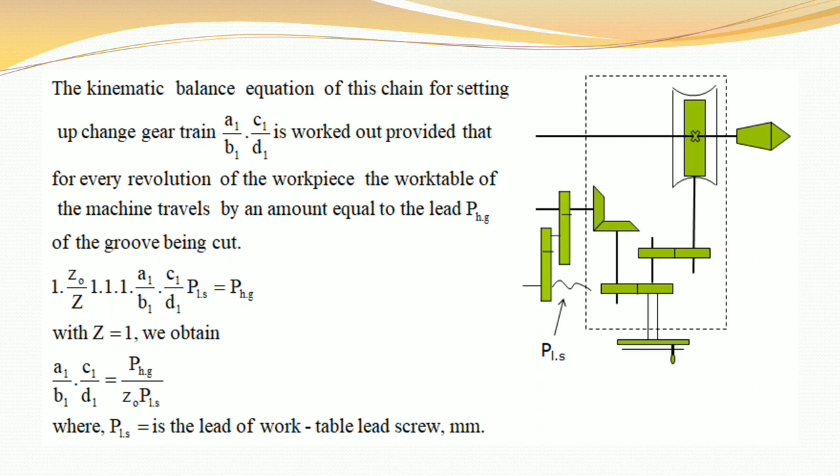So that means we can write 1 multiplied by Z0 by Z multiplied by 1 by 1 by 1 multiplied by A1 by B1 multiplied by C1 by D1 multiplied by P_LS is equal to P_helix. With Z equal to 1, we obtain A1 by B1 multiplied by C1 by D1 is equal to P_helix divided by Z0 P_LS, where P_LS is the lead of the work table lead screw, and the unit is in millimeters.